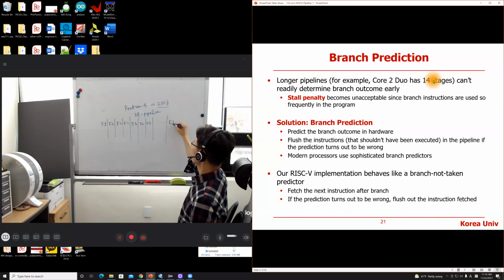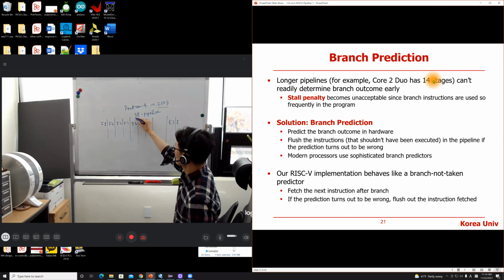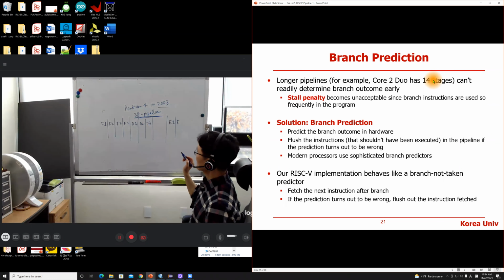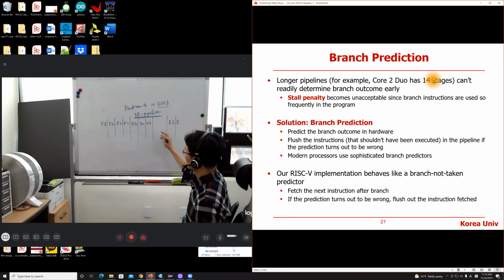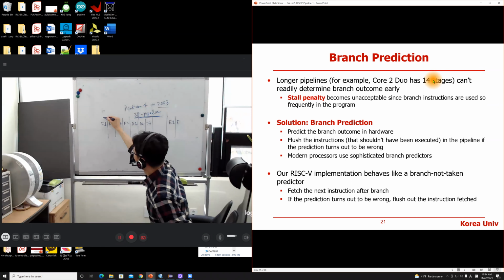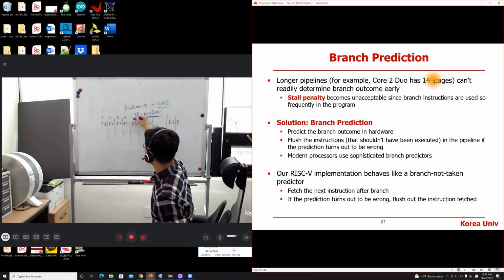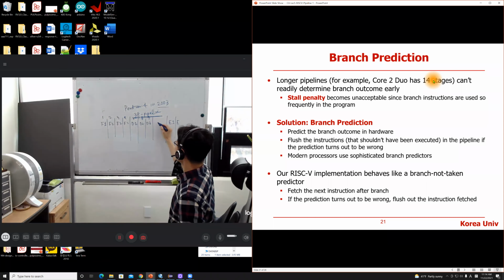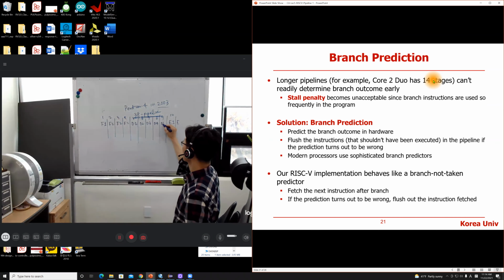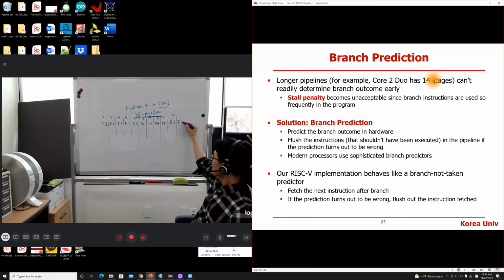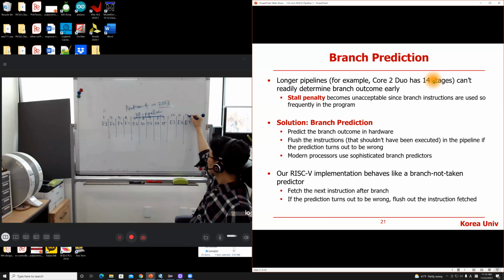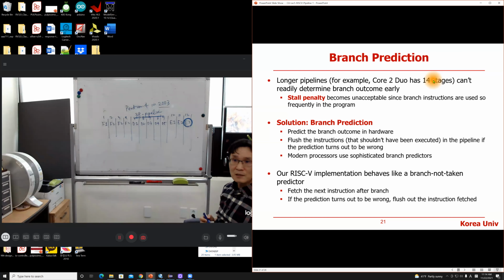And assume that in this super deep pipeline, the branch is resolved in the E3 stage.